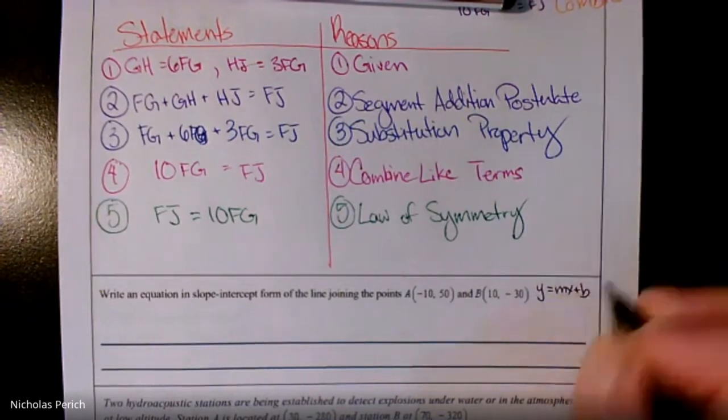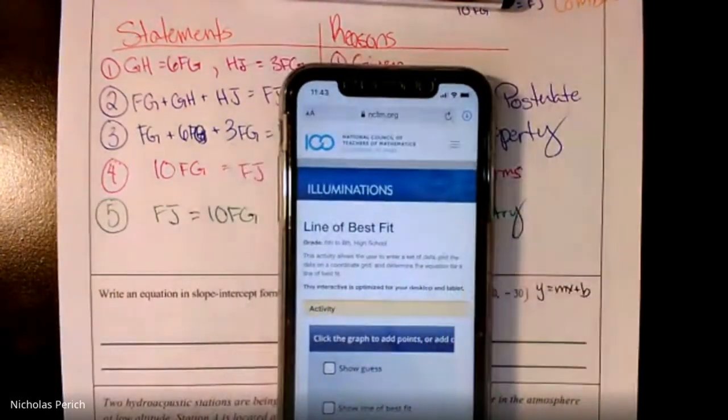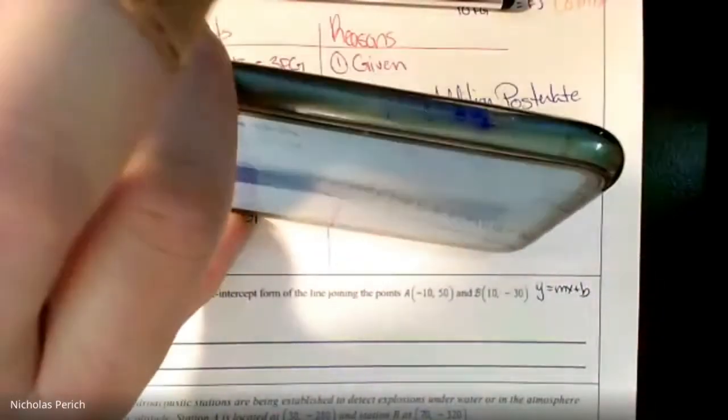We did do this because I showed you the website. So again, the website. Do I have my phone on me? I do. I could type out NCTM line of best fit, which I've used a bunch of times. So there it is, NCTM line of best fit, tilted sideways.